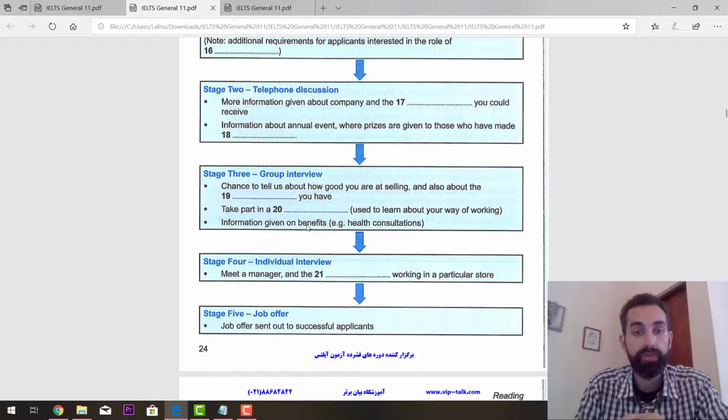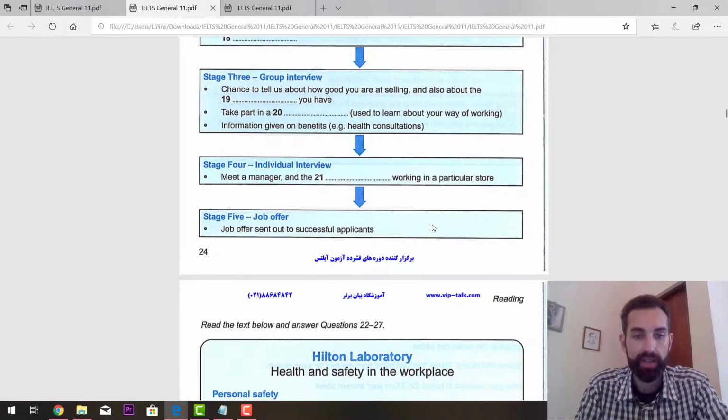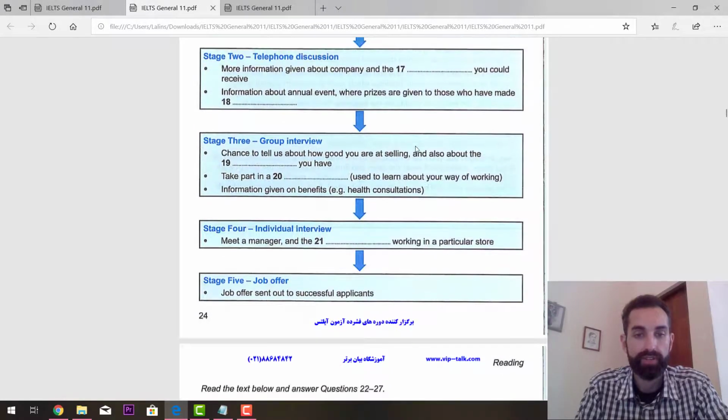Information given on benefits, e.g. health consultations. Stage 4, individual interview. Meet a manager and the blank, 21, working in a particular store. And that's all the questions. And there's just stage 5, job offer sent out to successful applicants. And that's the rest of that.